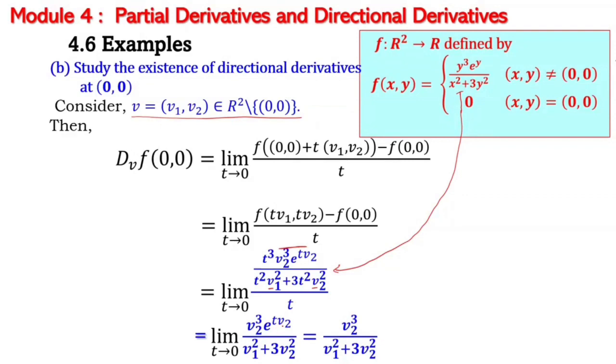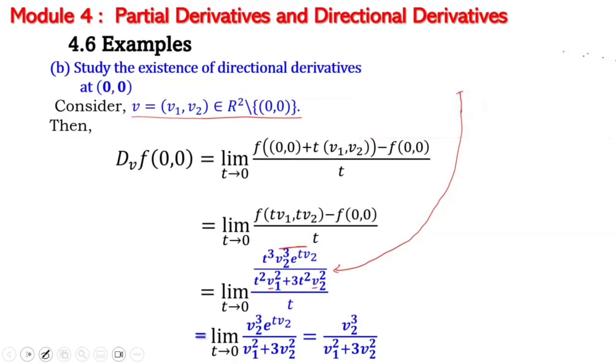Since it is e to the power t v2, when t tends to 0, this will be 1. So you will get the limit v2 to the power 3 over v1 squared plus 3 v2 squared. Since v1 and v2 together cannot be 0, this limit exists and we have the directional derivative.